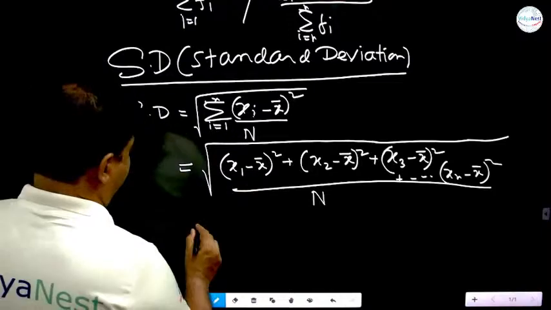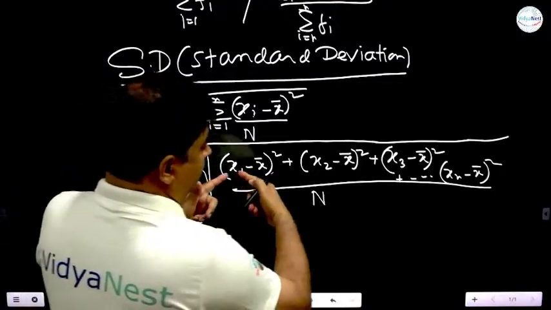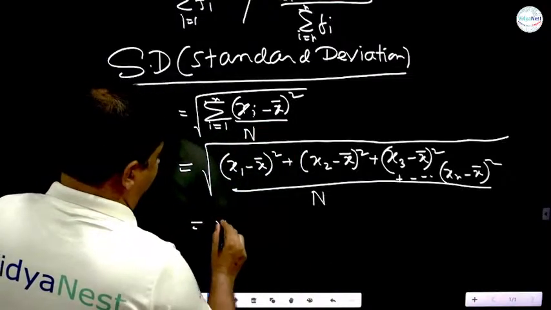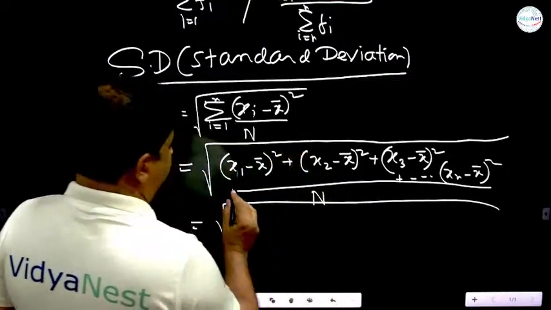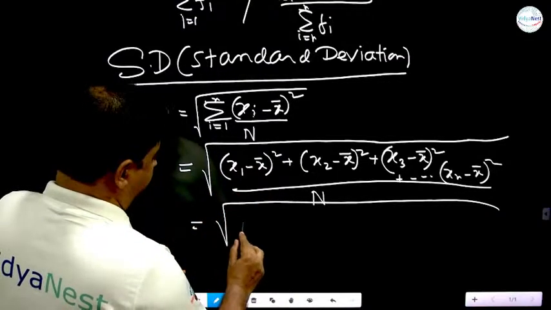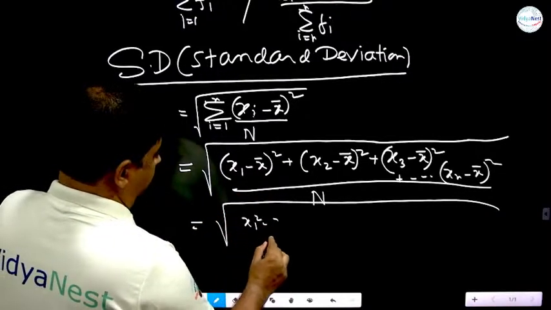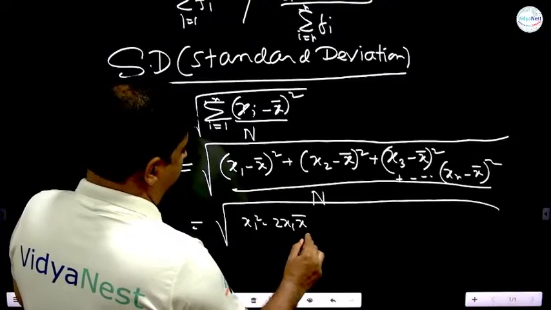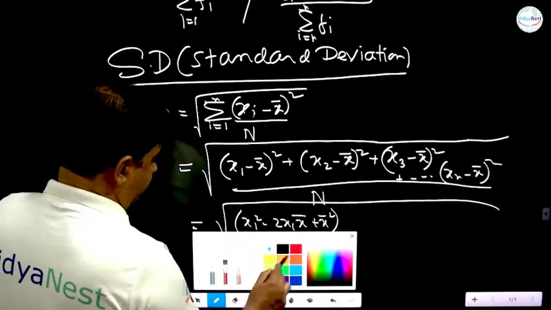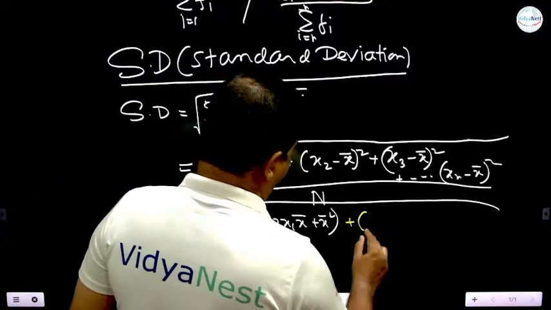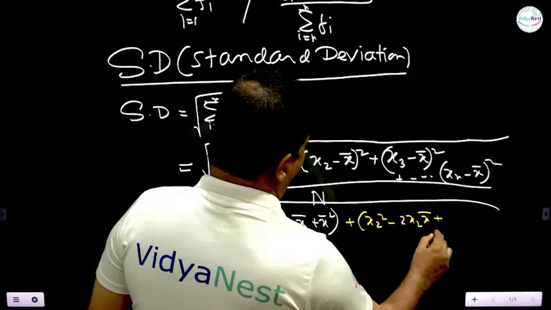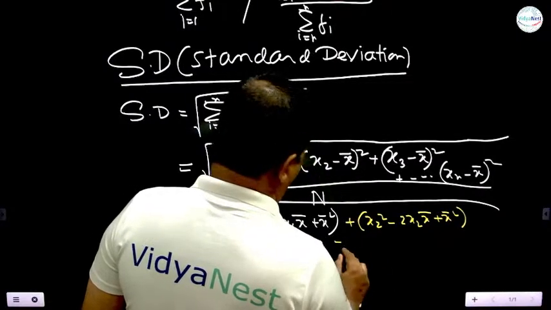Now, you expand each whole square term under root and see the outcome. See a minus b whole square, so a square minus 2ab plus b square. Then x2 square minus 2ab plus b square.